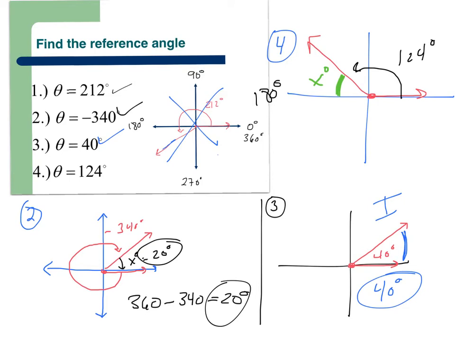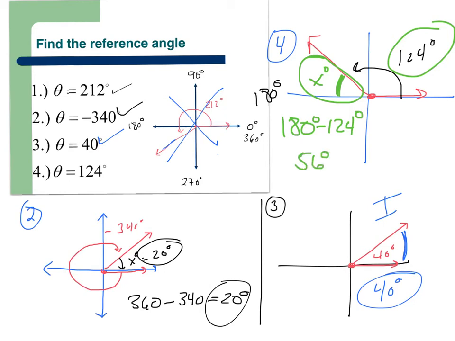So I've gone 124, and this little piece right here is going to connect me to the 180. So if I take this away from 180, it leaves me with my reference angle. So 180 minus the 124, and we can put our degree symbols there. If you don't, it's not a big deal. And that's going to give me 56 degrees. And that's how we're finding all those reference angles.